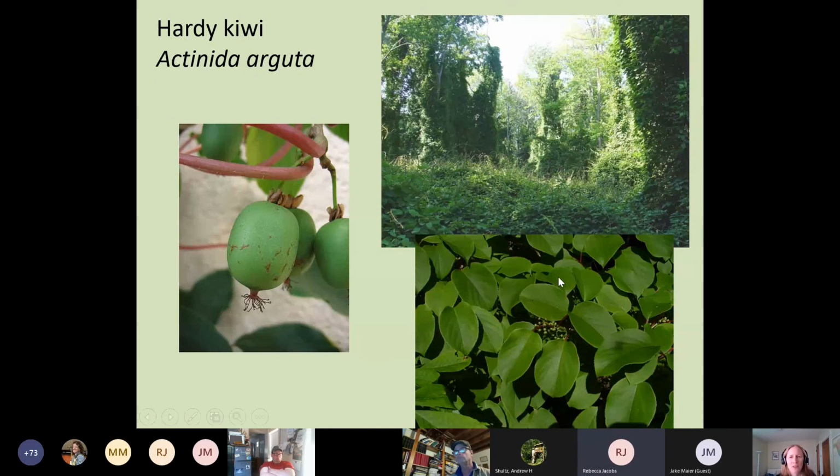Thanks, Rebecca. I'll just say that there is interest and concern about this plant because it is one that some folks are very interested in using as a small-scale agriculture growing opportunity. So this is kind of a difficult plant to talk about sometimes.